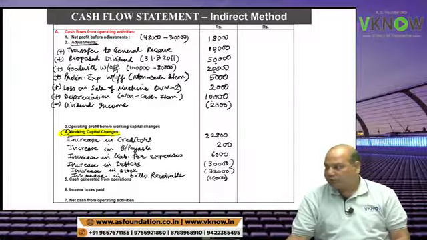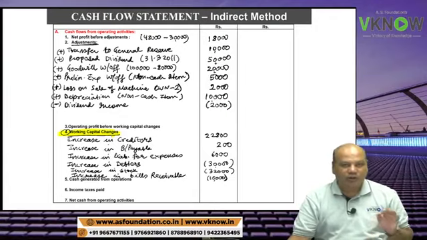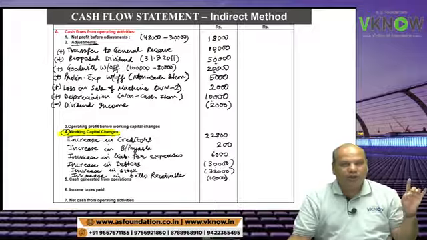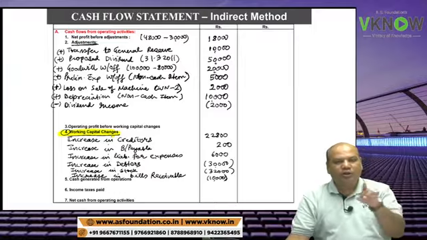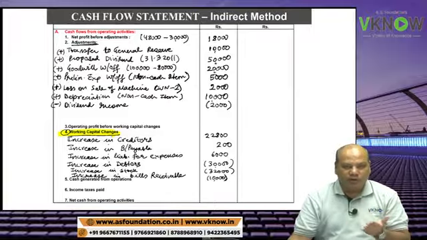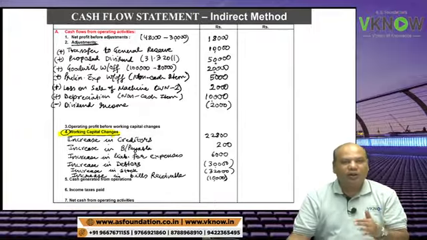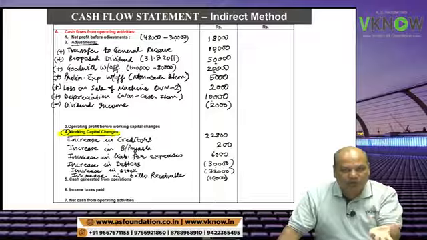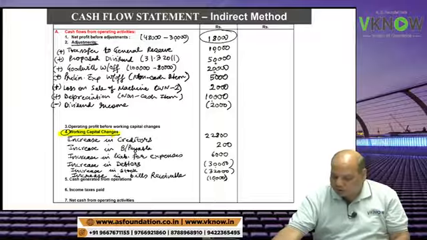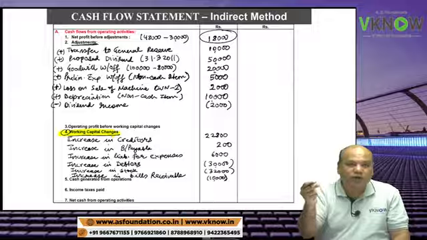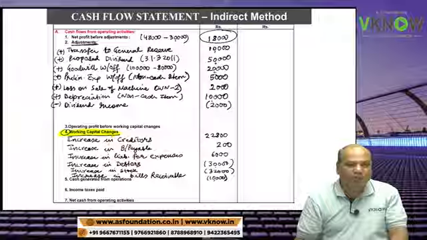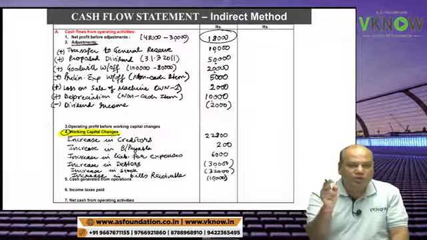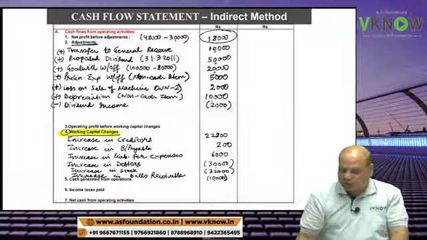So what I'll do, I will come back to cash flow from operating activity. When the company has to pay interim dividend, it will debit the P&L account, credit the liability for interim dividend payable and tax payable, and then make the payment. So this profit figure of 18,000 is after debiting interim dividend and tax on interim dividend. So add back, because it is a financing activity item.